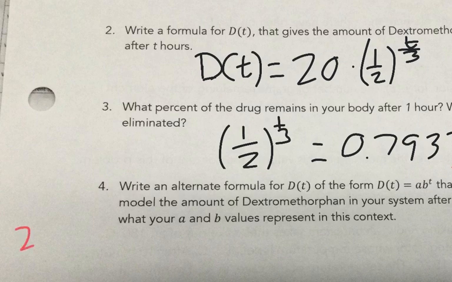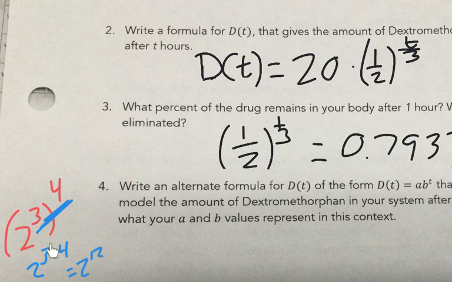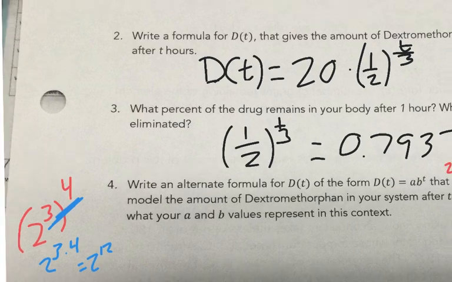If I had 2 raised to the 3rd and this was raised to the 4th power, I have a power raised to a power. We can multiply those powers. This is 2 raised to the 3 times 4, which is 2 raised to the 12th. So what we're going to be doing here is working backwards from this power to a power model. So we're starting here with it being 2 raised to the 12th.